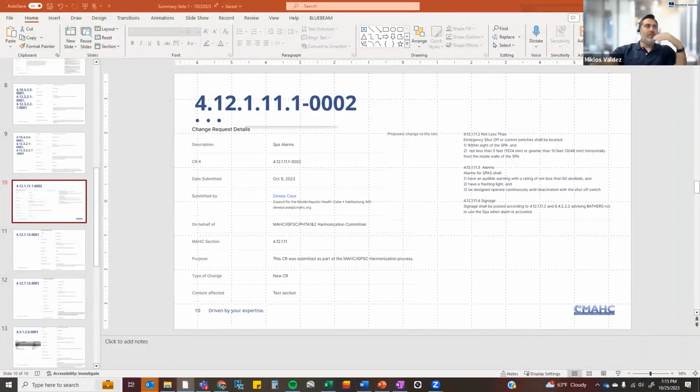And then the alarm should be audible, which these things are not in here currently. That there's an audible alarm, and that there is signage. Some jurisdictions, I believe, require this, but it has not been included in the MAC thus far.